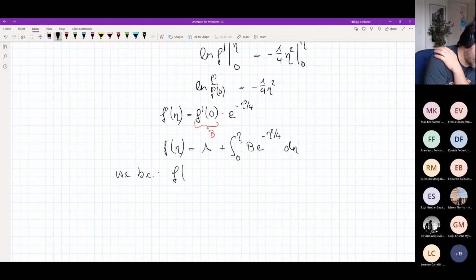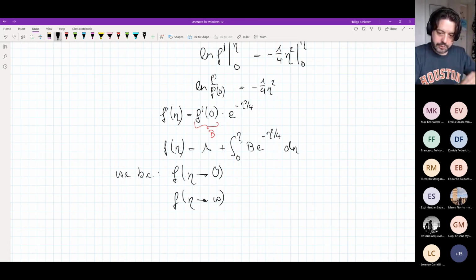Well, I guess we would like to have a boundary condition when eta is going to 0, and a boundary condition of f when eta goes to infinity. So close to the low values and high values.